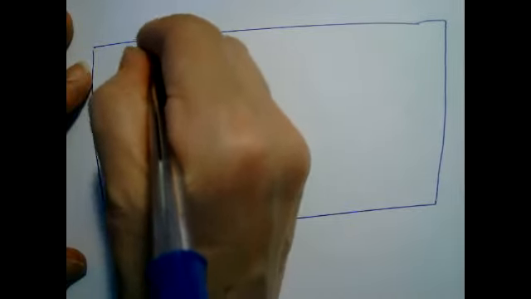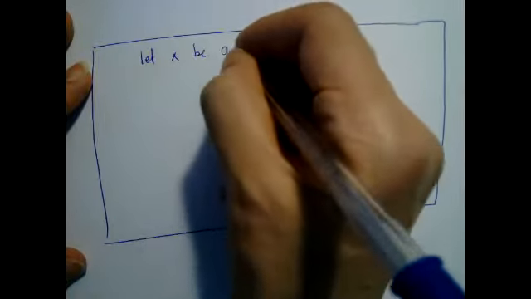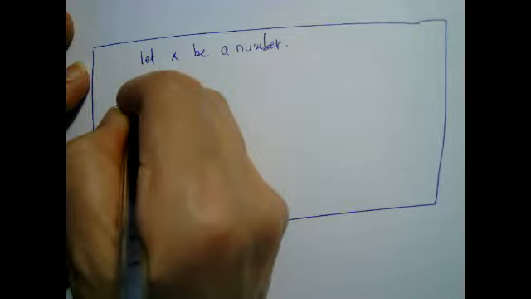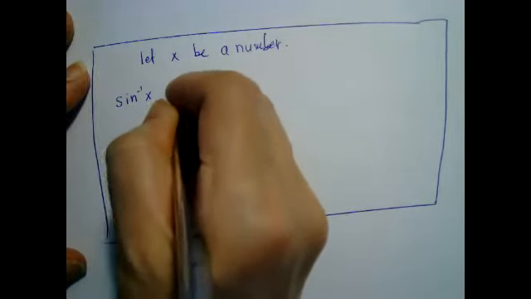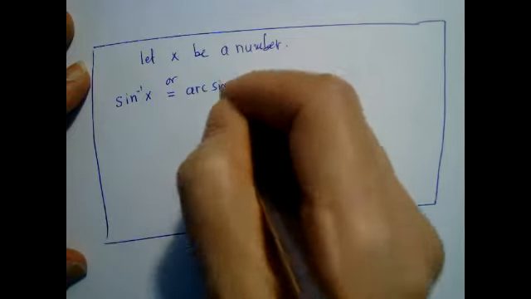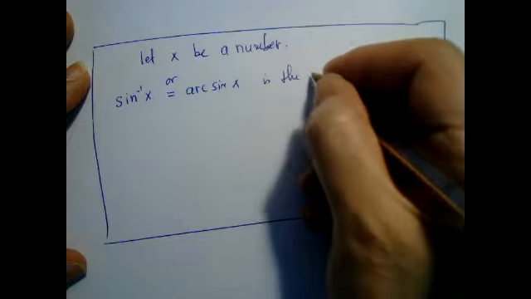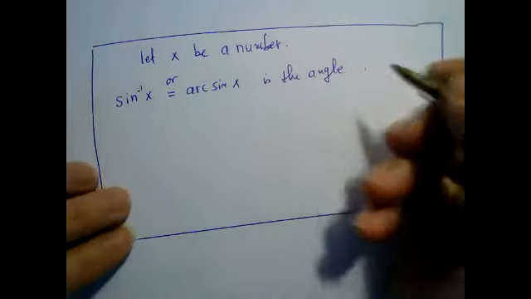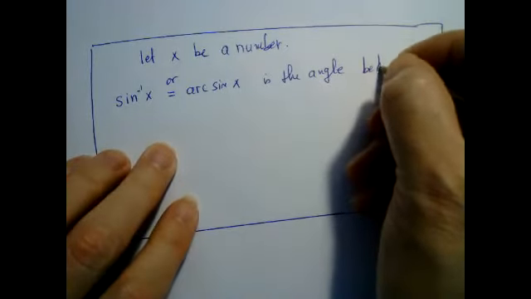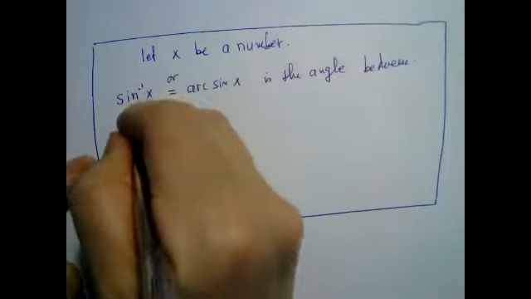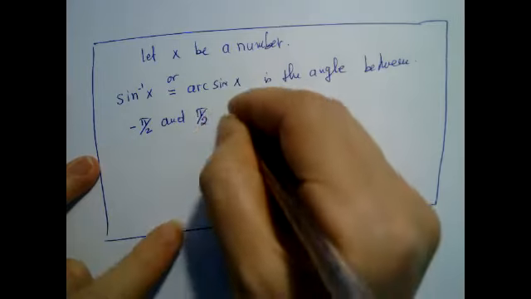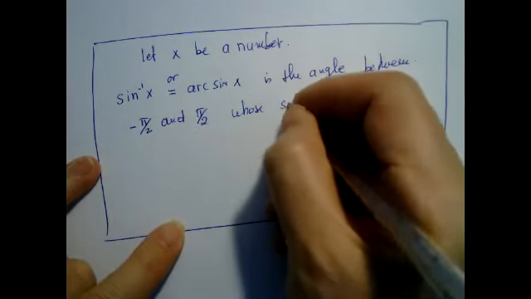So let x be a number. Then sine inverse of x, or arc sine of x, is the angle between minus pi over 2 and pi over 2 whose sine is x.